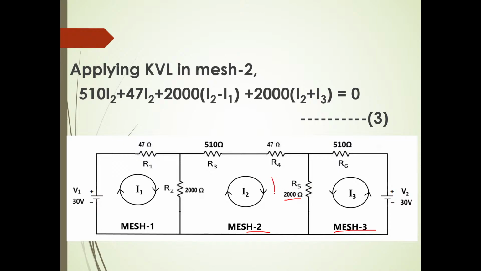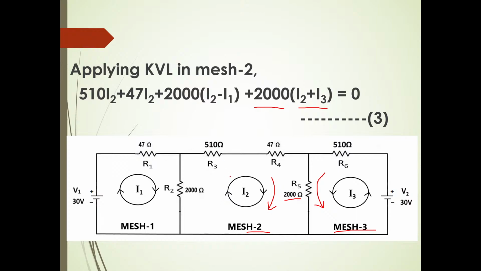This I2 current is downward, and the I3 current is also downward. That means both are in the same direction, so we can add those two currents. So 2000 into I2 plus I3.